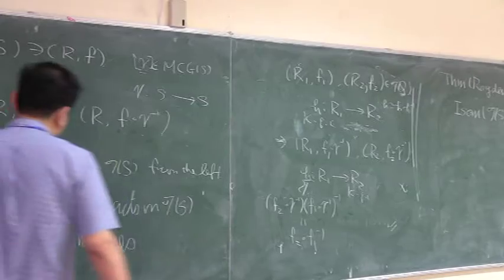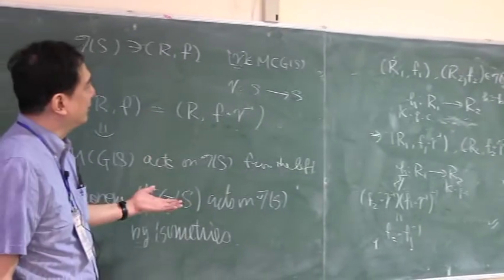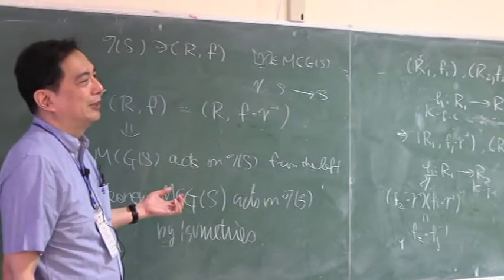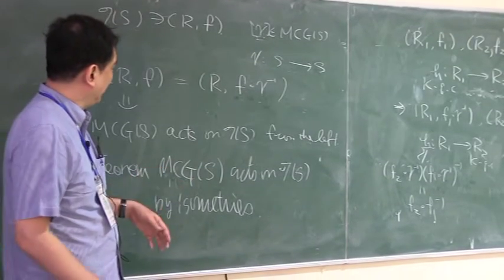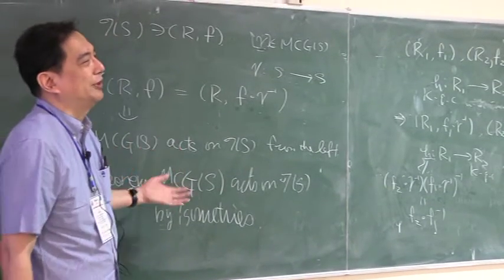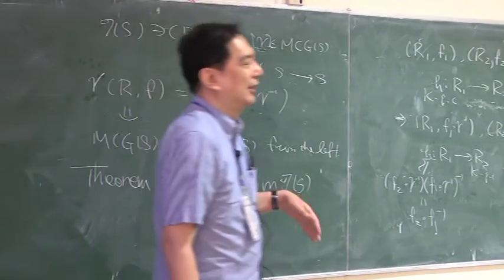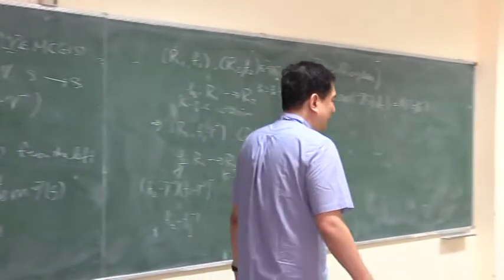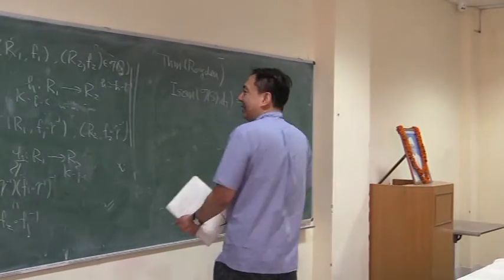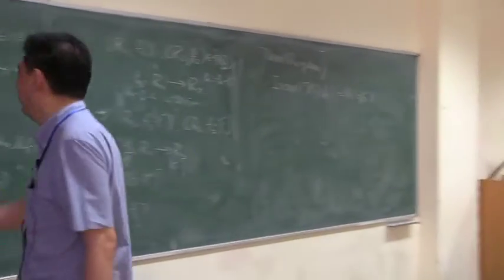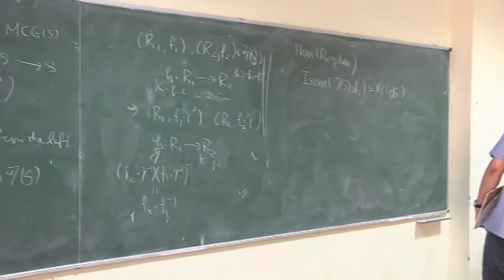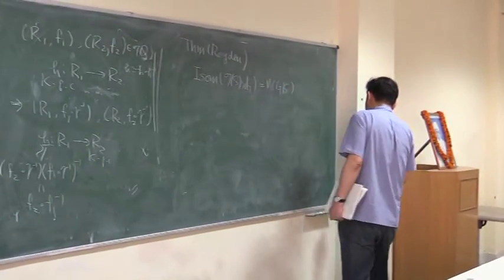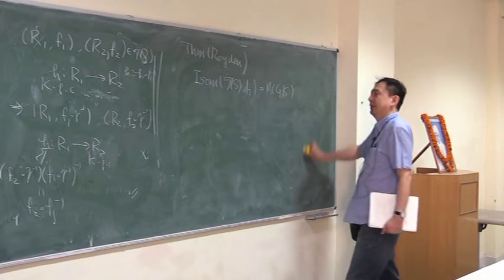Usually when we define the mapping class group, we just consider the orientation preserving homeomorphisms. But we also need to consider the orientation reversing homeomorphisms. So maybe it's better to write it.